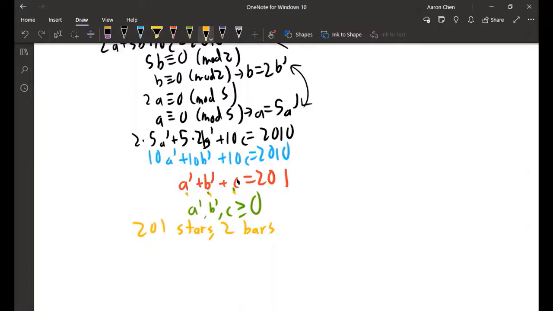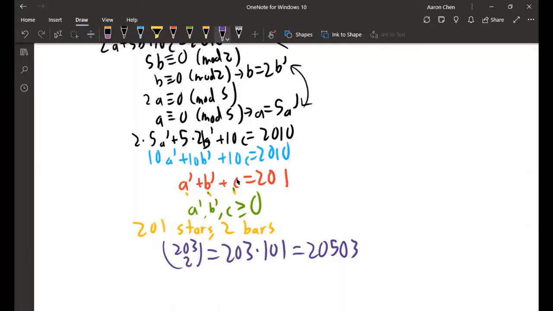Yeah, bars, dividers, they're referring to the same thing. So the answer is 203 choose 2, which is 203 times 101. If you expand this, it's 20,503. That's the answer for this question.